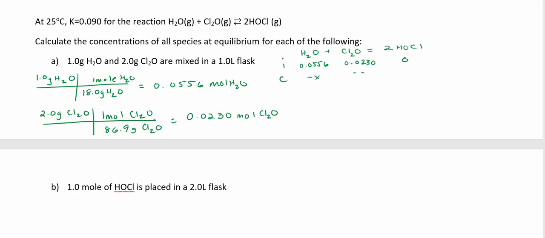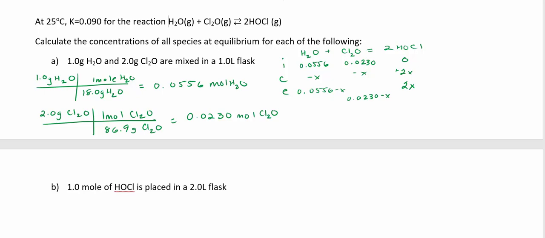So I will change, I will take away from my reactants and add to my products. So at equilibrium, I have a concentration of 0.0556 minus X for H2O, 0.0230 minus X for Cl2O, and 2X for HOCl.